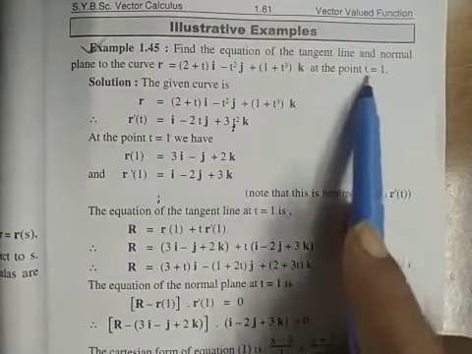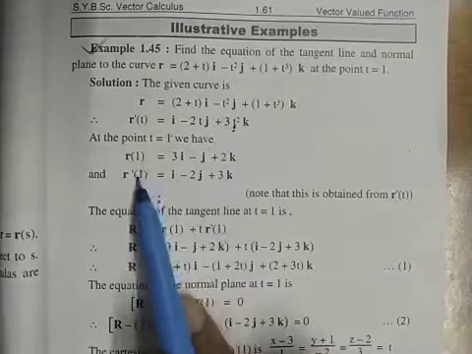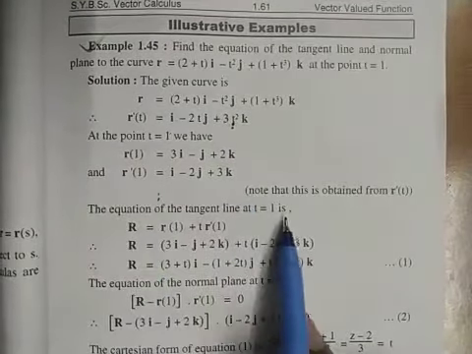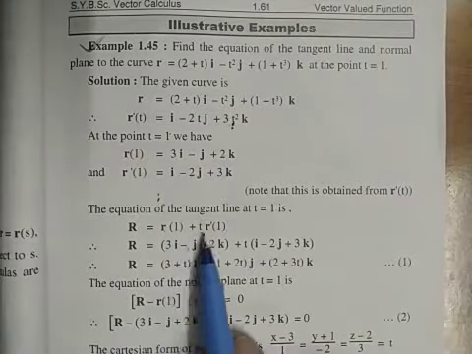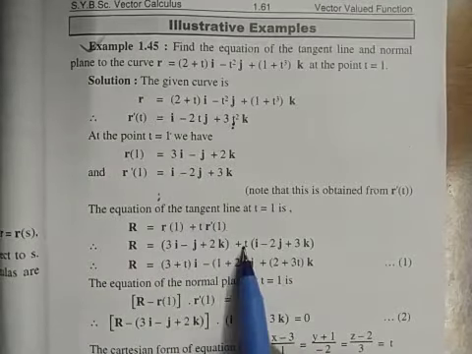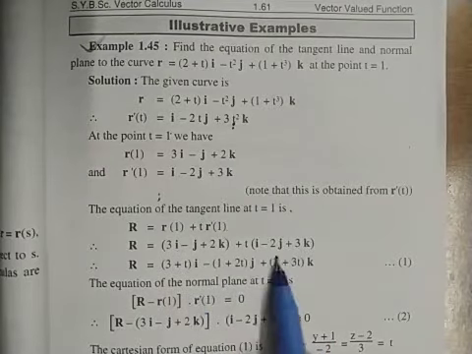At t equals 1, we find r of 1 and r dash of 1. Put t equals 1 in these two equations. Now, the equation of the tangent line at t equals 1 is capital R equals r(1) plus t times r dash of 1. So we add both of these.